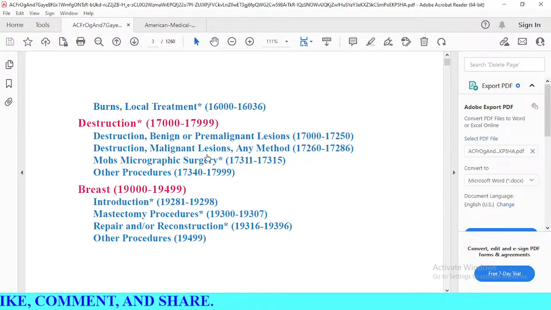And destruction, malignant lesions, any method, is another series. So our question includes pre-malignant, so we need to click on pre-malignant now.